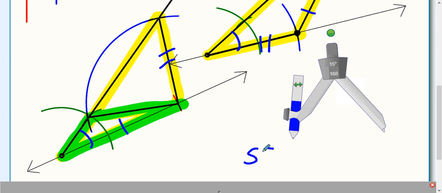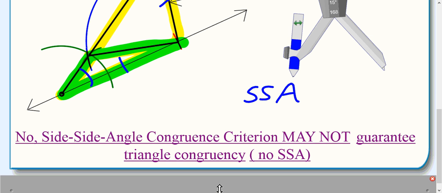So when you have 2 sides and the angle's not in between, it doesn't work. Side-side-angle does not work. There's no side-side-angle. Or for that matter, if you switch those letters around, it wouldn't work either. And it's not just because that's a bad word, but it doesn't work.